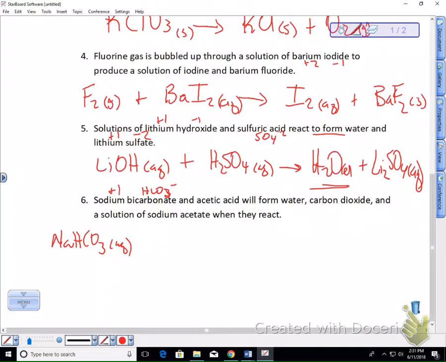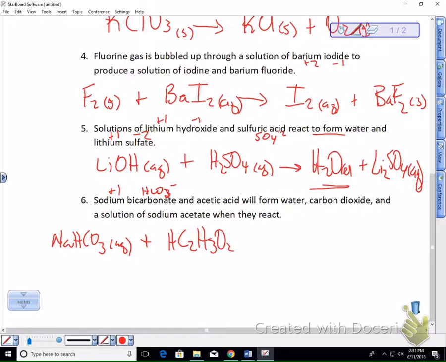This particular one doesn't specify what sodium bicarbonate is. It could be solid. It wouldn't matter. The reaction would still go. And this is one where you have a couple of options to get the right answer. And then we have acetic acid, HC2H3O2.